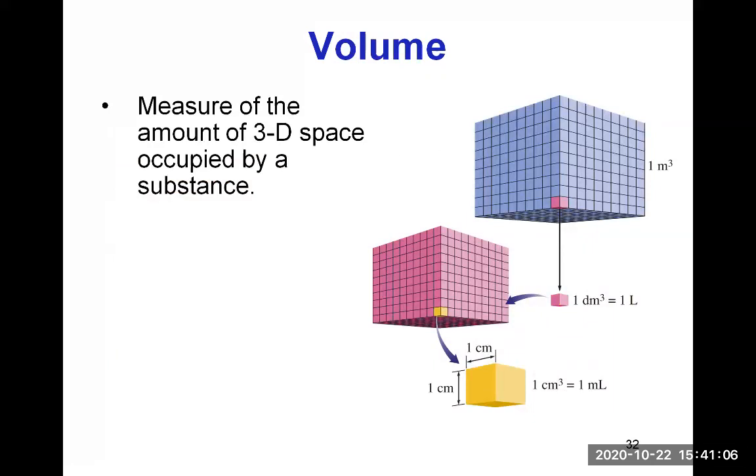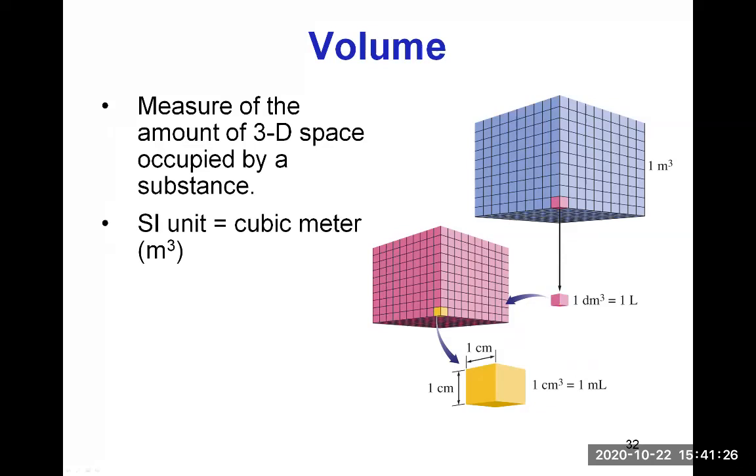Volume. The volume is a measure of the amount of 3D space occupied by a substance. The System International unit is the cubic meter, and the symbol is meter cubed. Here the purple cube is representing a meter cubed.